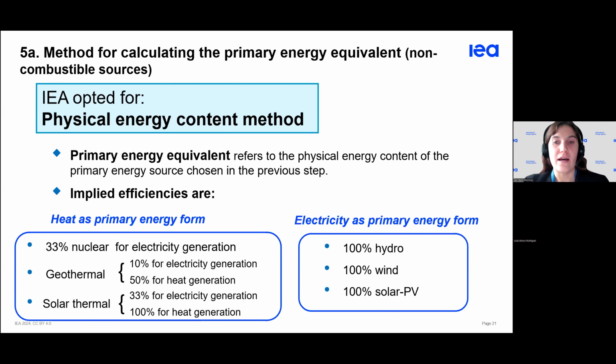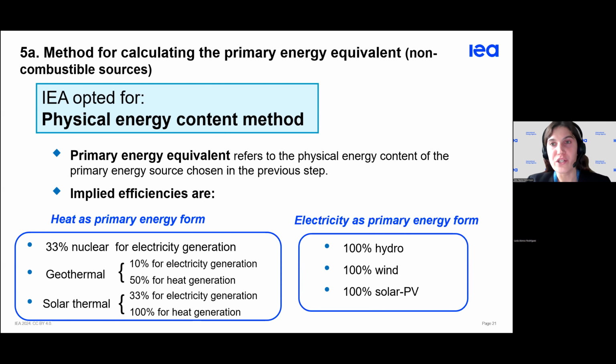I mentioned hydro is 100%, also wind and solar, 100% implied efficiencies. Nuclear is 33%. Geothermal, where the primary energy form is heat, is 10% implied efficiency for electricity generation and 50% for heat generation. And then solar thermal heat is 33% for electricity generation and 100% for heat generation.